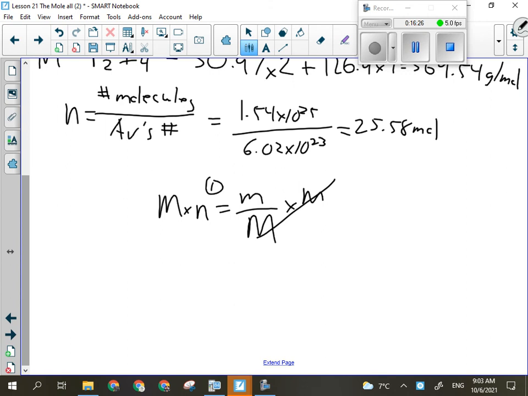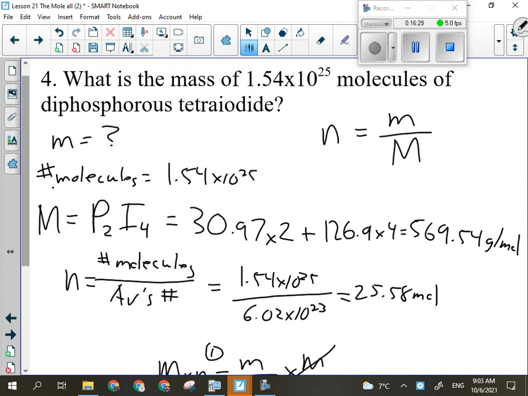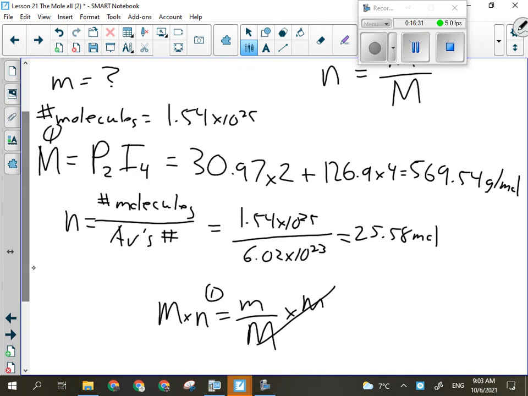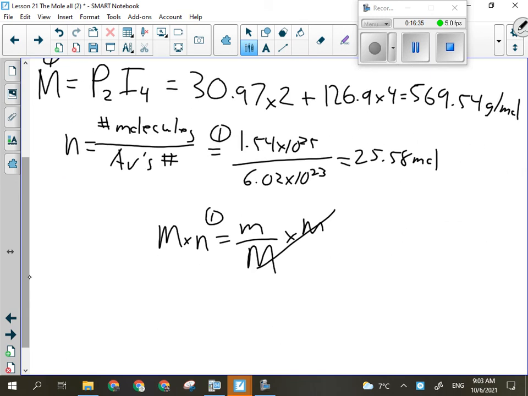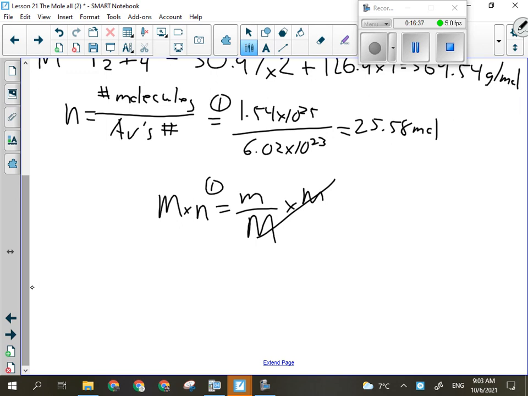Sorry, I didn't show you where all the marks are. Okay, 1 mark for givens, same as always. 1 mark for calculating n. Okay, 1 mark for your manipulation. 1 mark for putting in your numbers, so that would be 569.54 times 25.58.